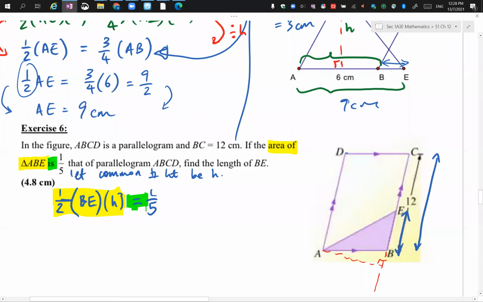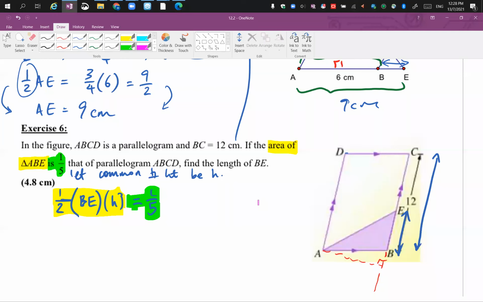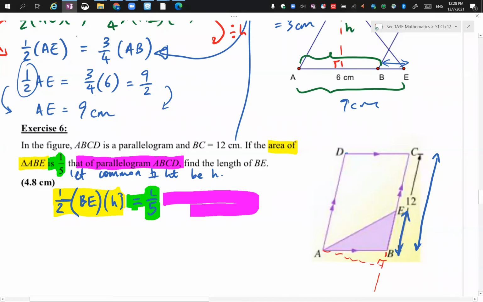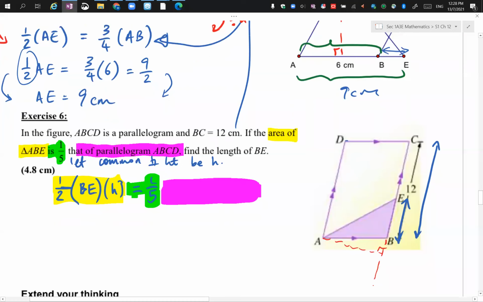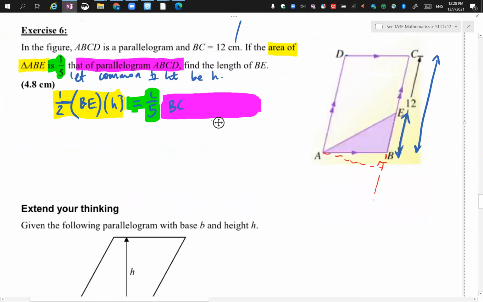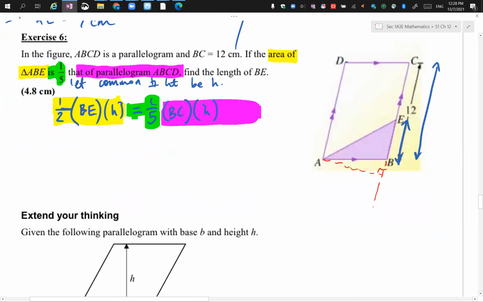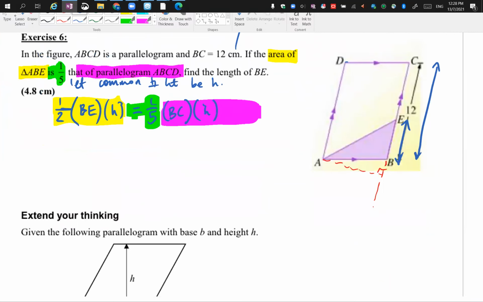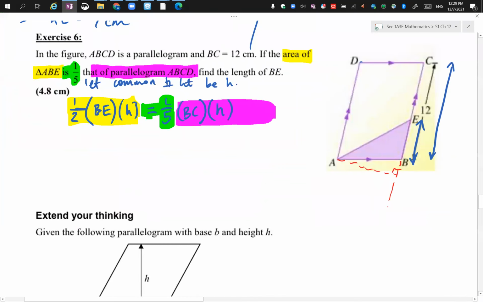that of the parallelogram. Use another color. Let's use purple. Area of parallelogram. So I'm going to put the area of the parallelogram over here. That will be the base, BC, multiplied by the common height. Okay. You see the translation from English to mathematics.